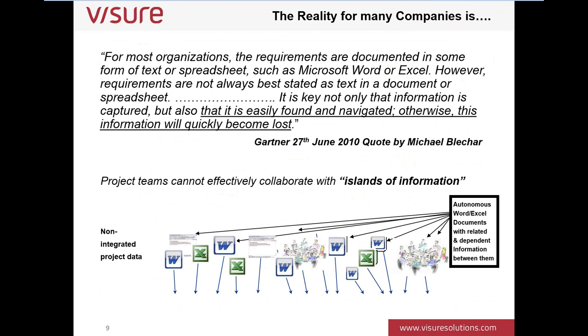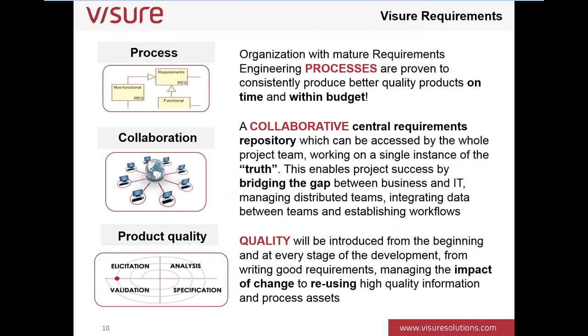So working with a professional requirements tool is going to fix all of these things. That's where Visual Requirements comes to help. Visual Requirements is a professional requirements tool that, as I will be showing you in the following demonstration, is going to help us in all these key aspects of managing requirements.